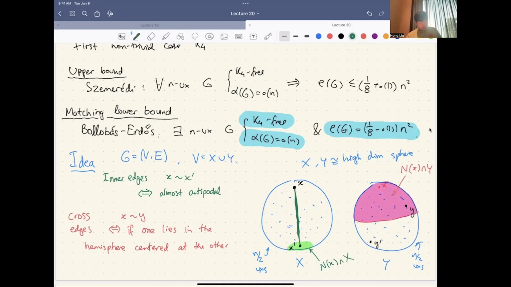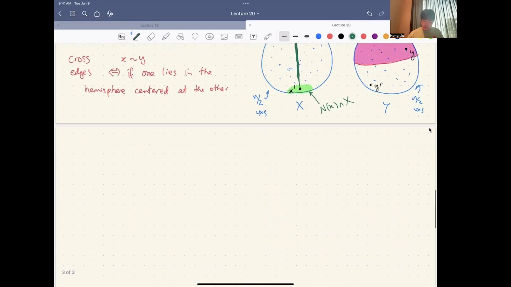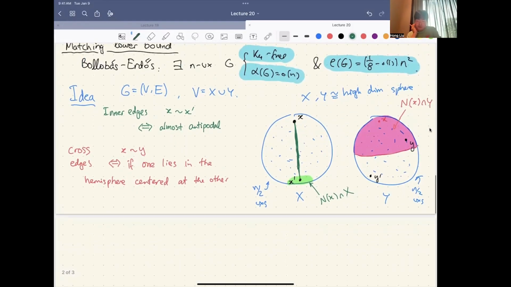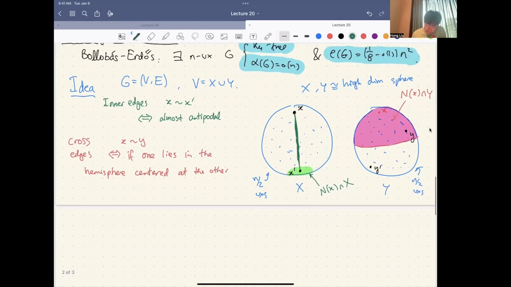Now we just have to verify some properties. Let's see why intuitively this will work. We have three properties to verify. First of all, the density: we should have n squared over 8 edges. Well, the inner edges are very sparse because the neighborhood is just a little cap at the opposite position of x. This is little o measure, negligible.